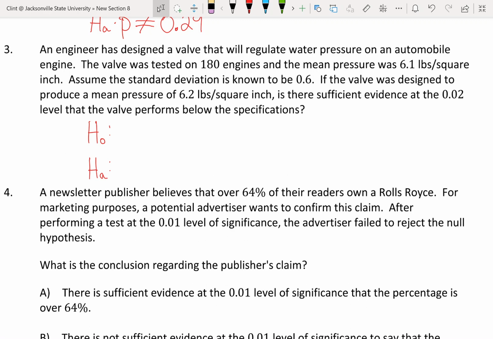It says it was designed for a mean pressure of 6.2, and is there evidence that it performs below the specifications? Here we're dealing with means. So our alternative hypothesis would be that mu is less than, because it says below. And the number it's supposed to be is 6.2.